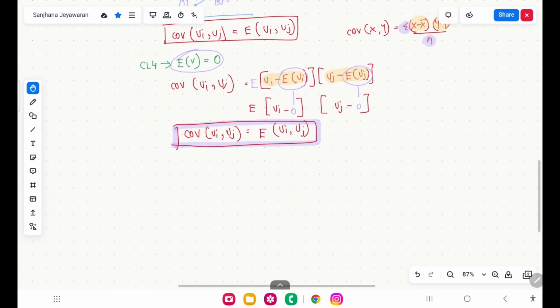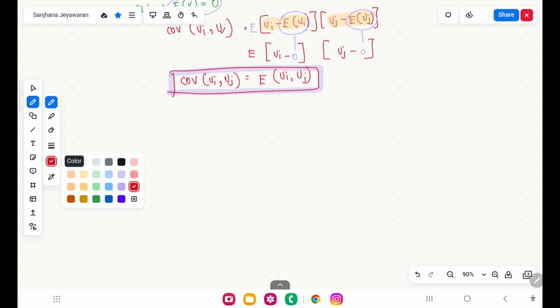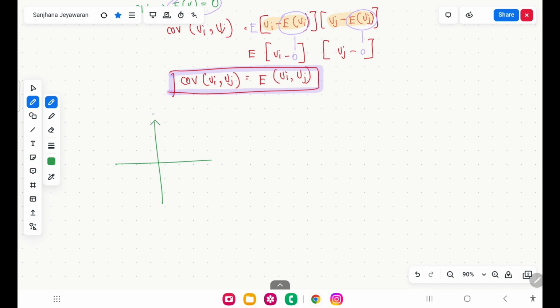Now if we plot the error terms against the error terms themselves, here I am plotting ui and uj, and if they are moving upward, what can you say? Is it correlated or not? Yes, it is positively correlated.